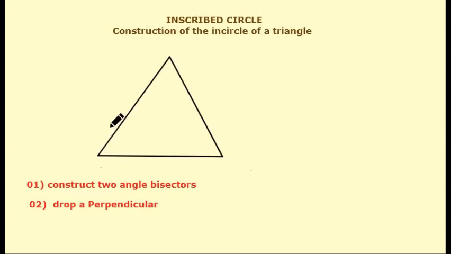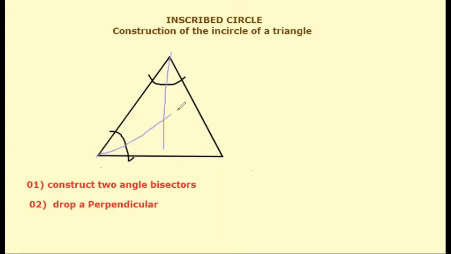In this triangle, there are three angles. You can pick any two of the angles like this, and draw the angle bisectors like this.